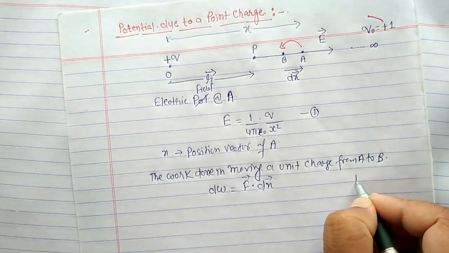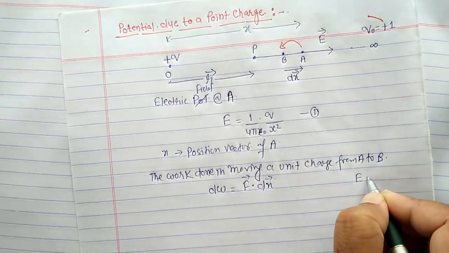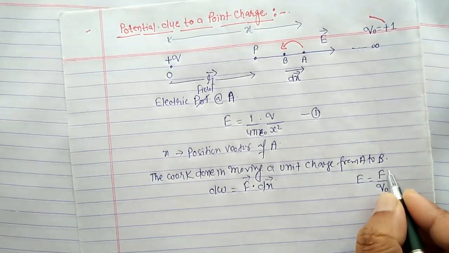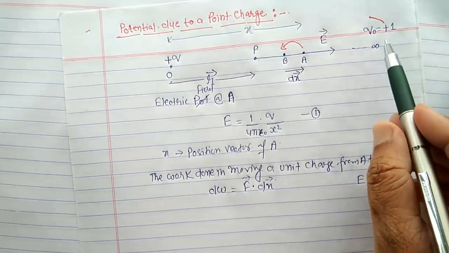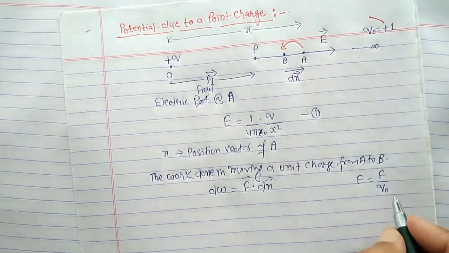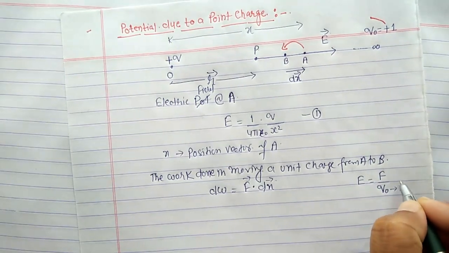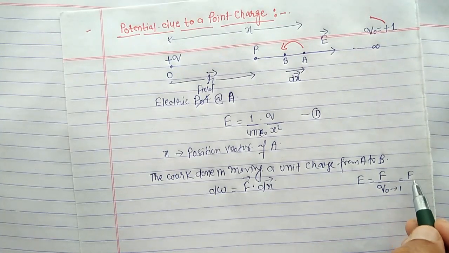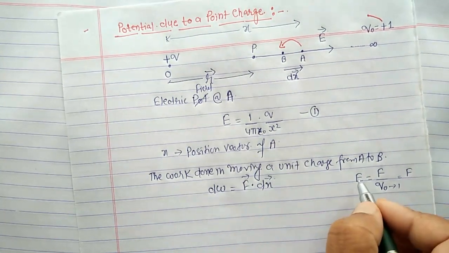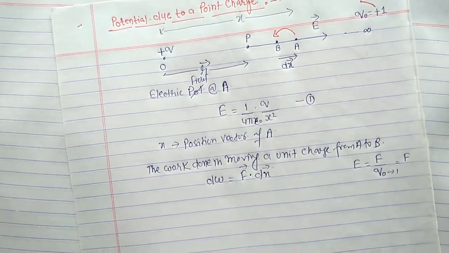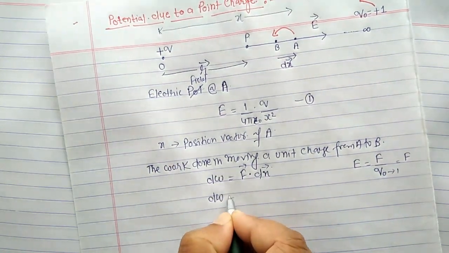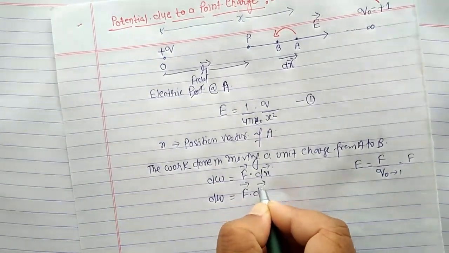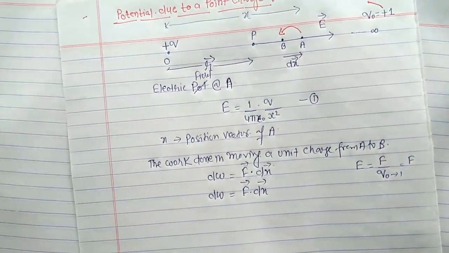But keep in mind, electric field intensity at any point is defined as the ratio of force to the test charge. In this derivation, we have considered the magnitude of that test charge as unity, so it will be equal to E. Means in this particular case, the electric field will be numerically equal to the force. So this F can be replaced by the electric field. So dW is equal to F dot dx, where force and displacement are both vector quantities.